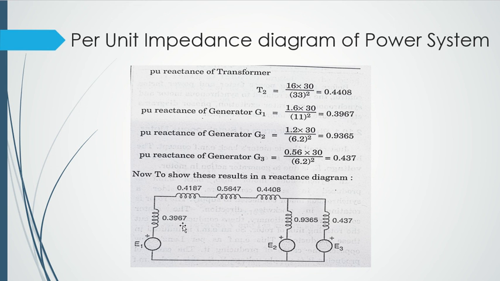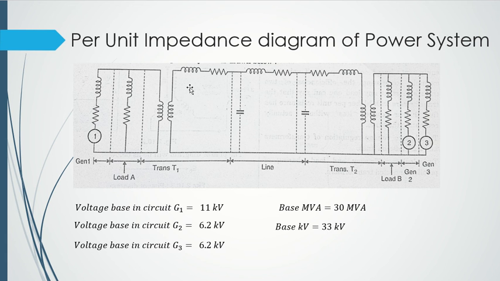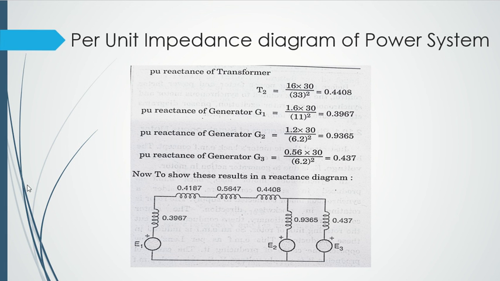After that, what we will do? We will take the transformer which was connected. See here, we had a transformer T1 connected here. So we will be taking the transformer T1 and we will connect it. This coil or this reactance value is representing transformer T1.